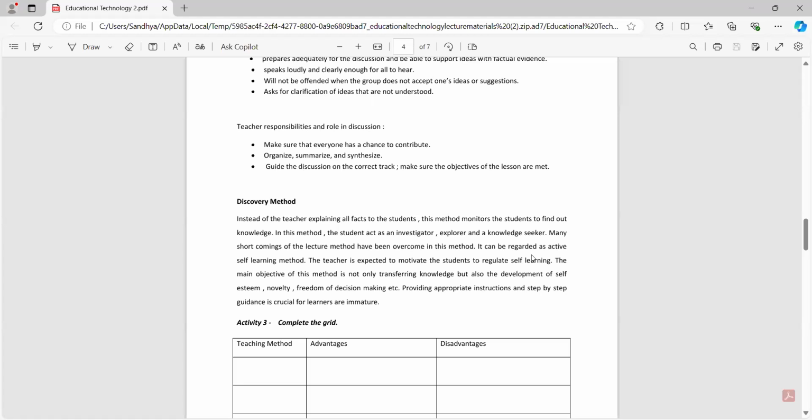Many shortcomings of the lecture method have been overcome in this method. It can be regarded as an active self-learning method. The teacher is expected to motivate the students to regulate self-learning. The main objective of this method is not only transferring knowledge, but also the development of self-esteem, novelty, freedom, soft skills, etc. So in discovery methods, the students are guided on discovery by the teacher.